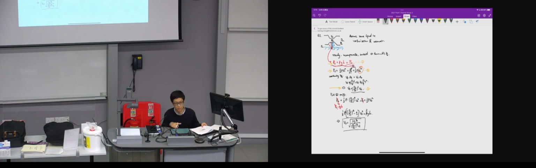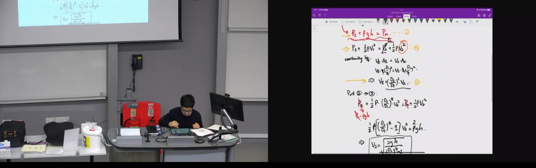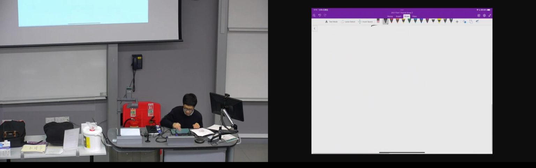For example, this one is for Bernoulli, that one is for pressure, that one is for drag, or that one is for the energy equation, and that one is for head loss. Maybe you are good at head loss, so you'd better solve the head loss first. Make sure you get the maximum marks you can during the exam. All right, let's continue to the second one.